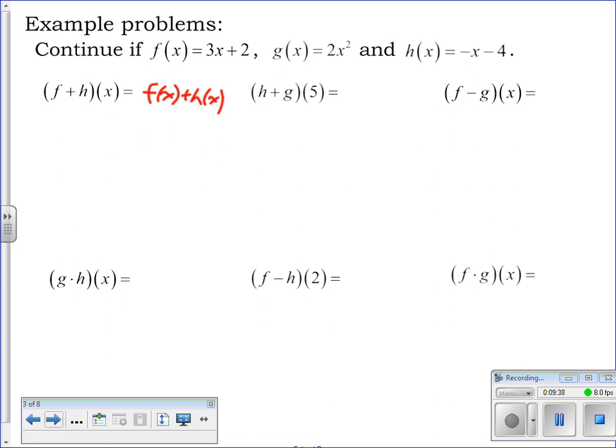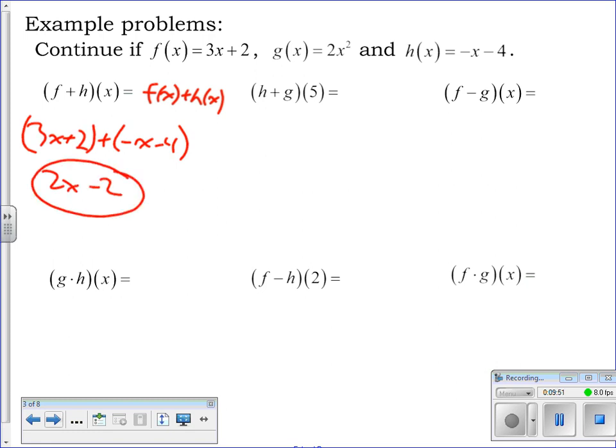That means I take 3x plus 2 and add to that negative x minus 4. So I get 2x minus 2. That's what f plus h of x is.